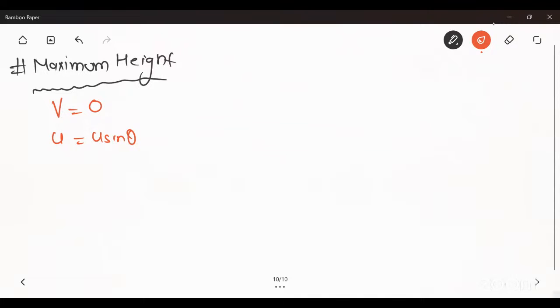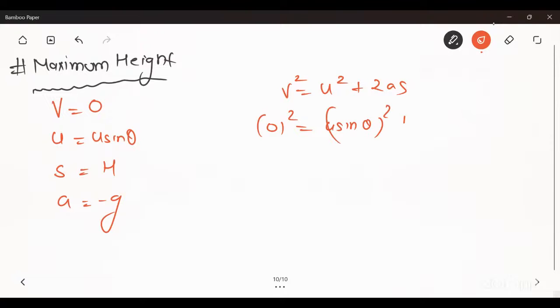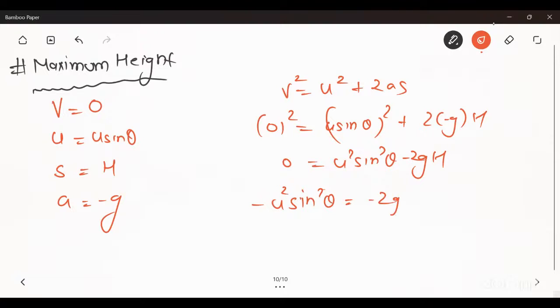And s will be h, and acceleration due to gravity will be minus g. So we know that v square is equal to u square plus 2as. So 0 square is equal to u sin theta whole square plus 2 into minus g into h. So u square sin square theta minus 2gh is equal to 0. Bringing this to the left-hand side, minus u square sin square theta is equal to minus 2gh. So h is equal to u square sin square theta by 2g, which will be the height.